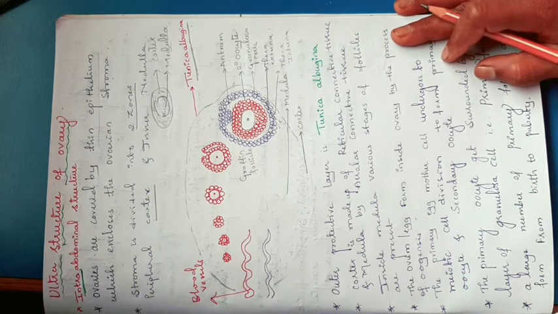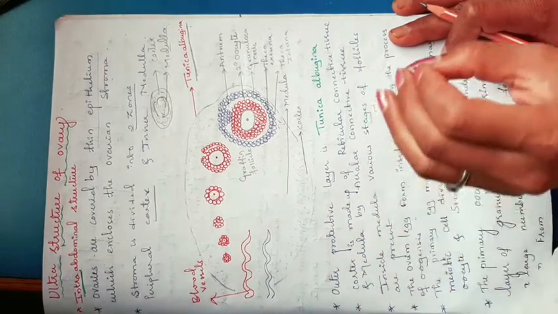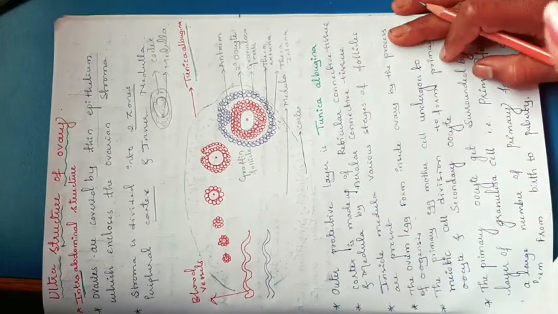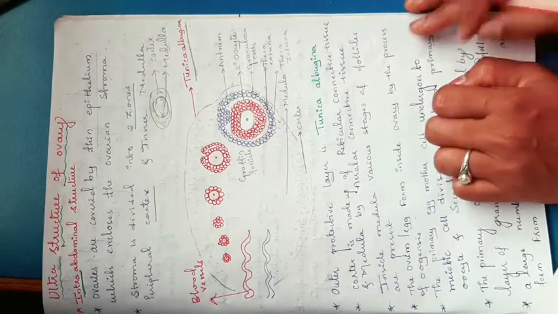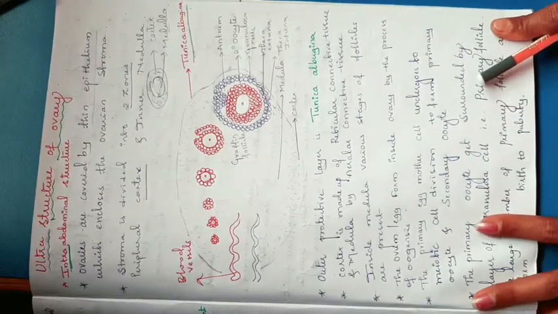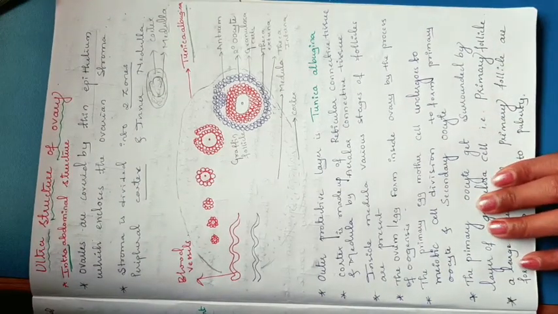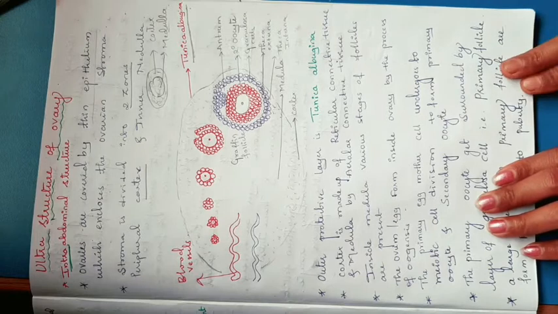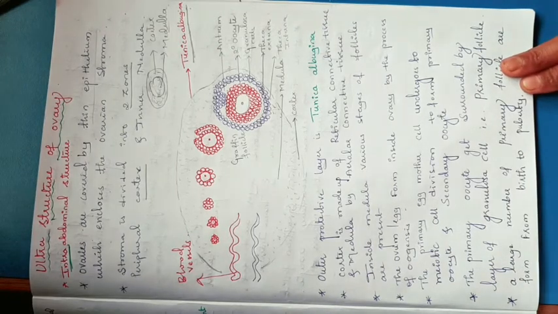Initially, remember this: wherever gametes are produced, they are produced by meiotic division. Meiotic division is called reductional division. By reductional division only, the gametes are produced. The gametes are haploid in nature.